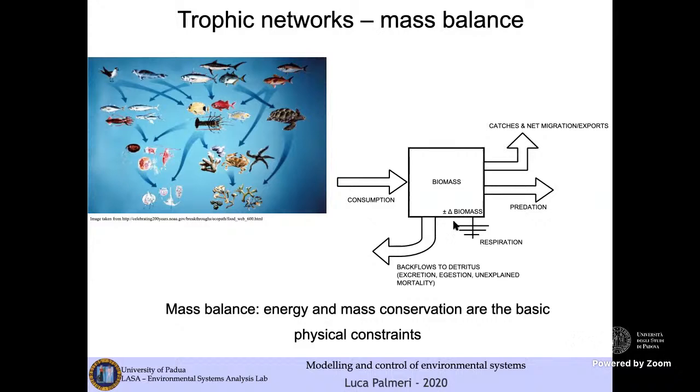And then you close your balance by considering the fact that these creatures generally perform respiration, so some of the biomass may be consumed for respiration, and you shall also include that these creatures typically go to the toilet, so they excrete some of the material, so you have a backflow to the detritus by excretion, exhaustion, or unexplained mortality.